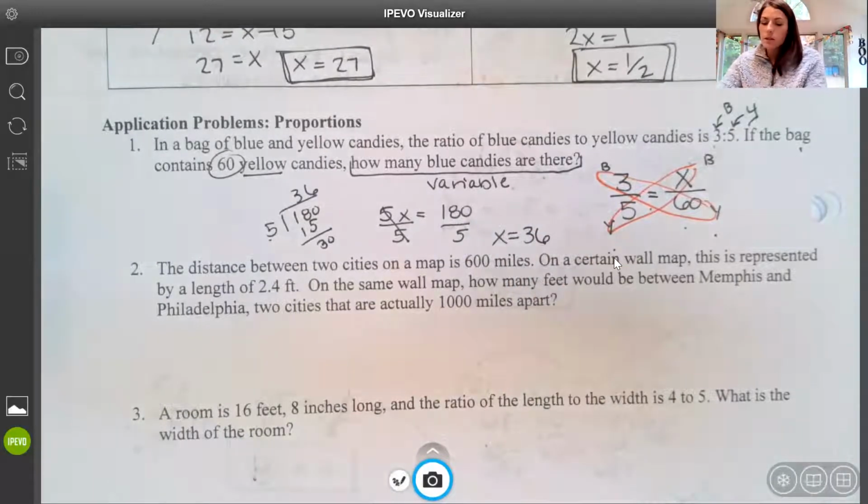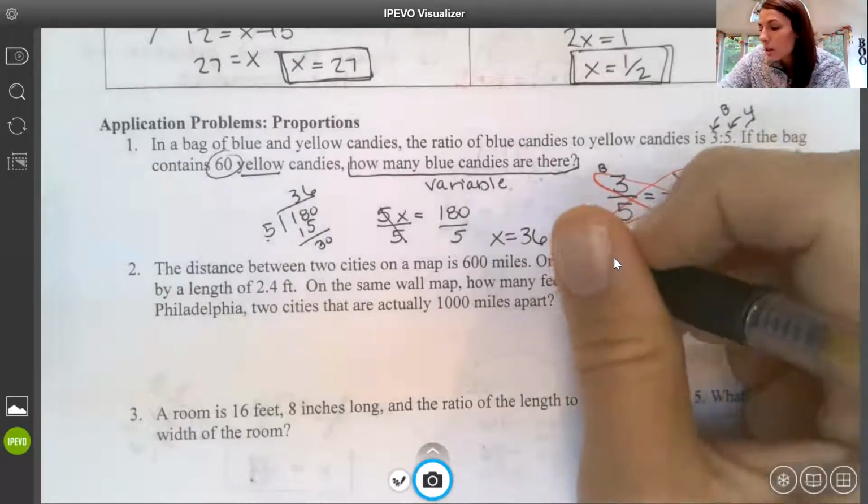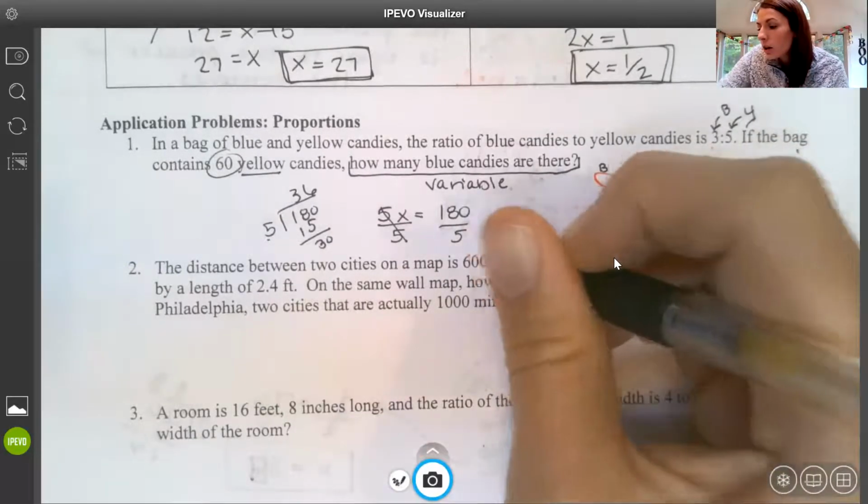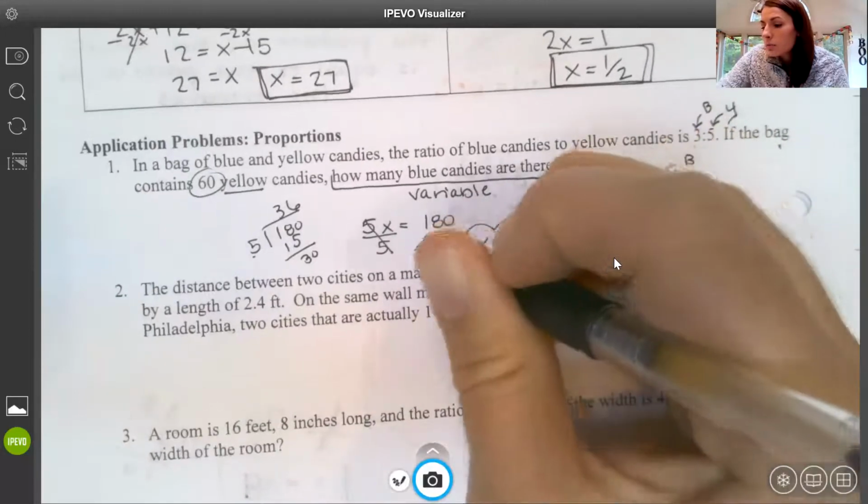Okay, so since we have a word problem, we should answer with words if that makes sense. If we're trying to find blue candies, we shouldn't just say 36, we should say 36 blue candies. Okay, there's my answer.